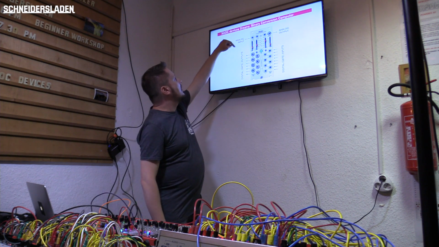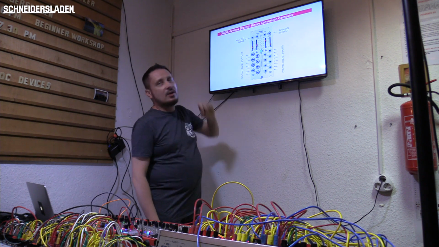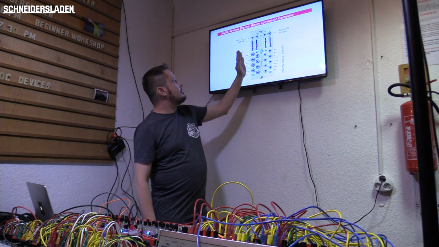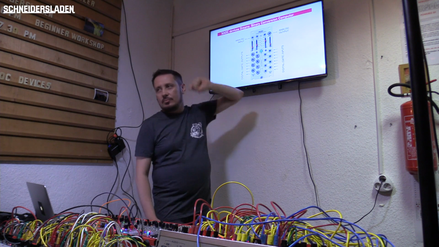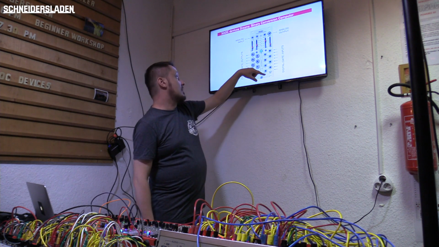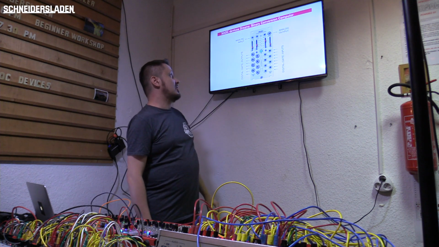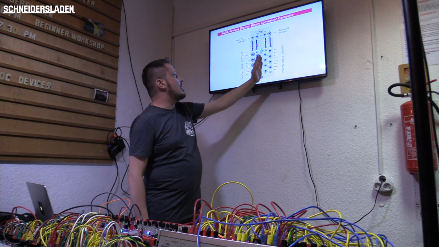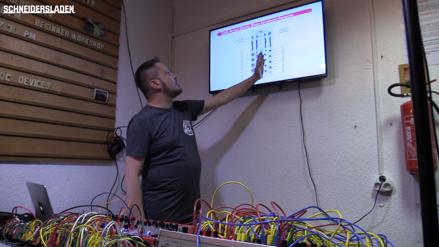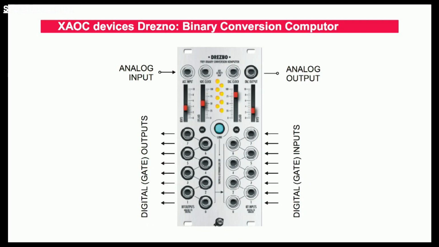So you have an analog input and 8 binary outputs on the left side, and the clock input here, and also 8 digital gate inputs, which are binary numbers, and they are converted back to the analog domain, and there's an analog output at the DAC side of this module.